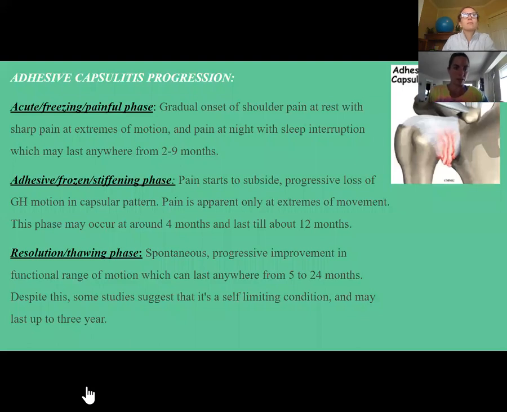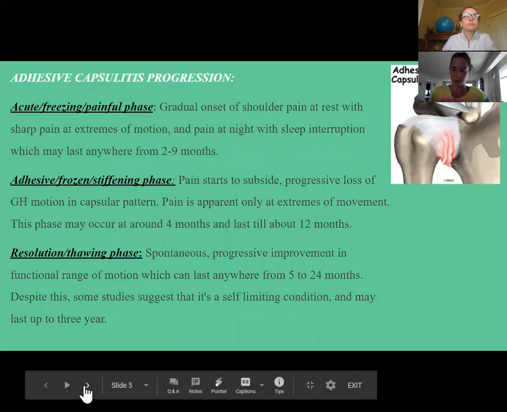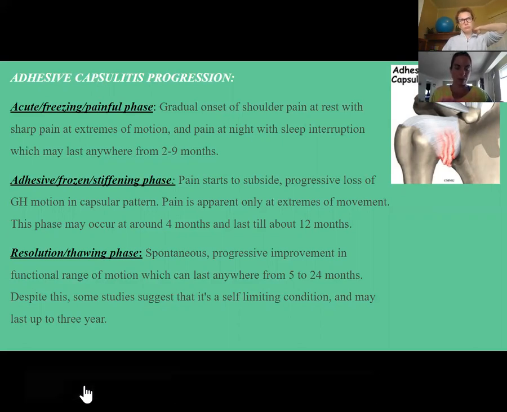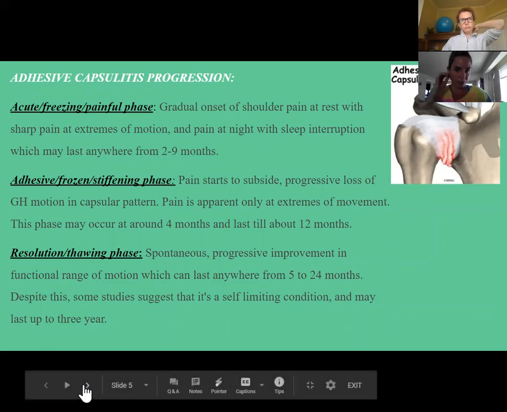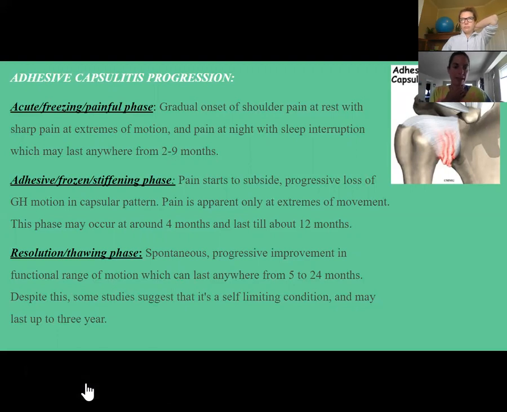And then the second stage is the adhesive, frozen, stiffening phase, where the pain starts to subside. But even if the pain decreases, we see a progressive loss of glenohumeral joint motion in the capsular pattern.